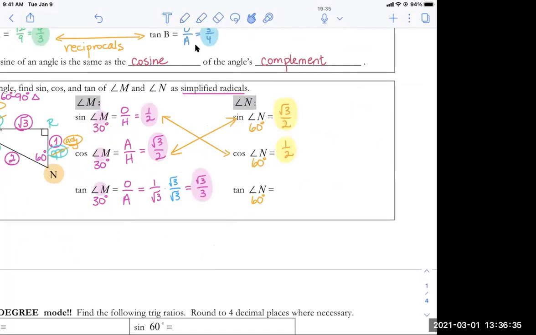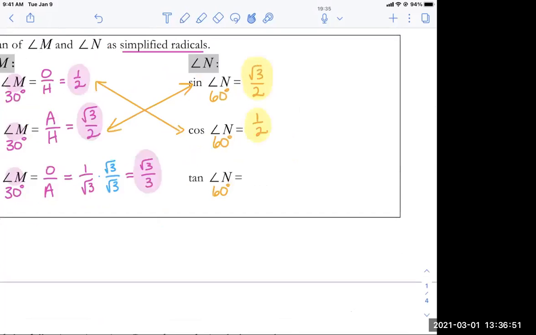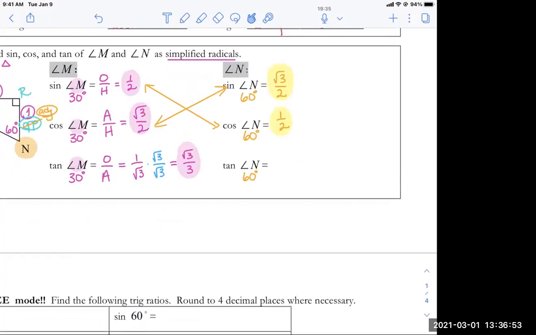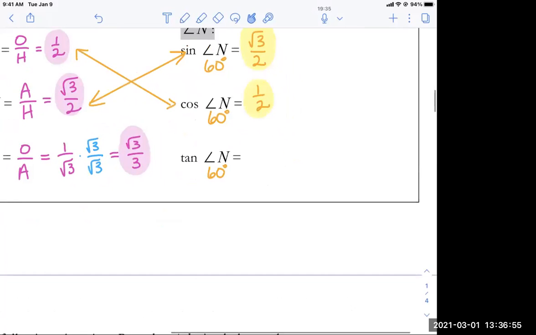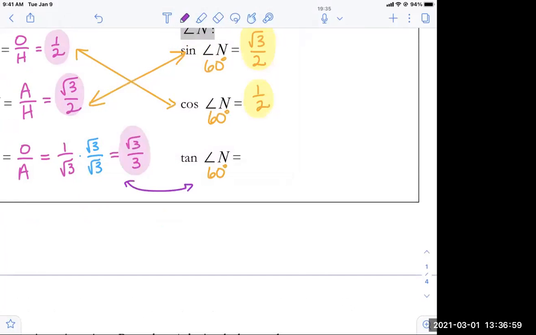Sarah, can you tell me what the tangent of 60 should be, or the tangent of angle N? I got 3/√3. 3/√3? Okay. Why? So I just looked at the reciprocal of the tangent for angle M. So these have to be reciprocals.